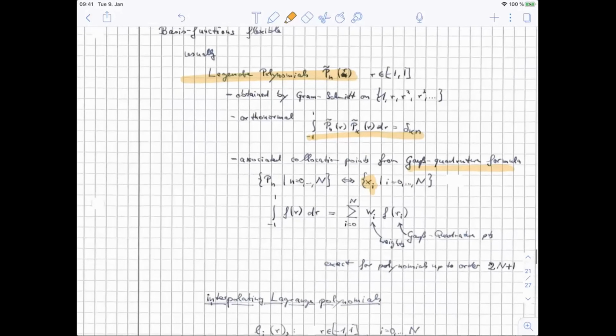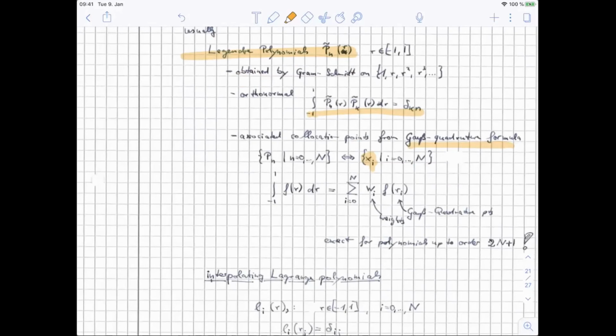And what this means is, if we want to take an integral like the integral of f(r) dr, we can do so by summing over the collocation points r_i with some Gauss quadrature weights w_i. And the point here is that this is exact for polynomials up to a remarkably high order, 2n plus 1.